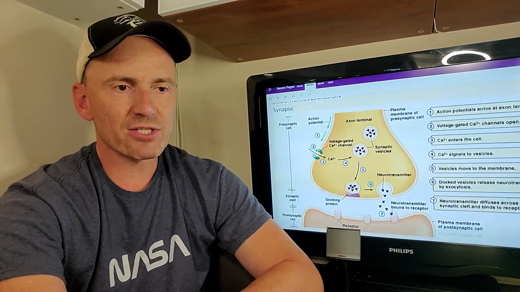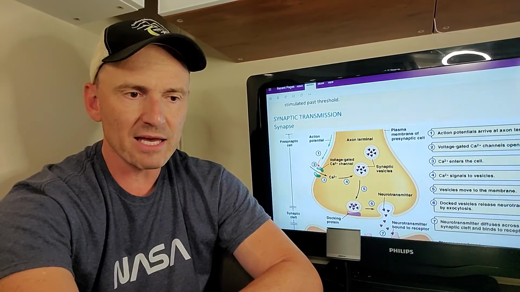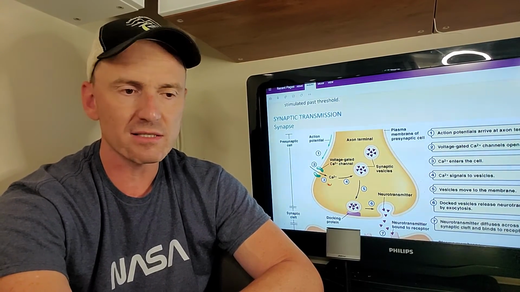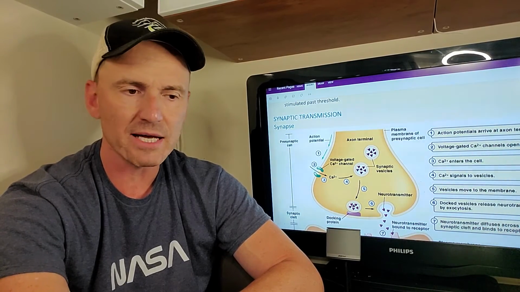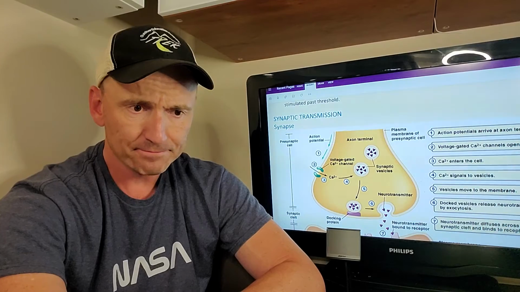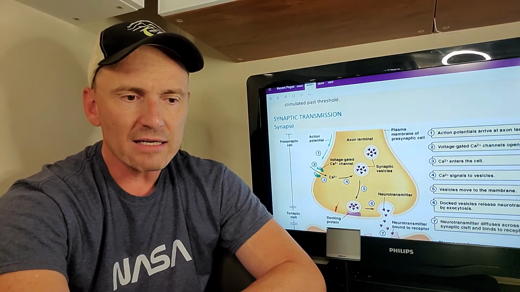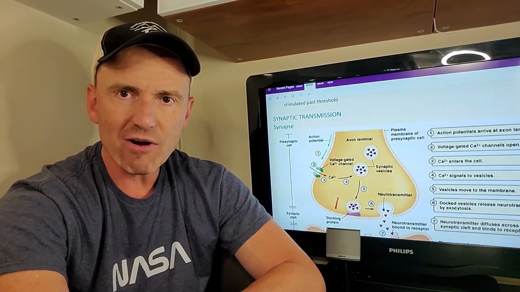Synaptic transmission: the action potential travels with the sodium and the potassium, but then it hits these integral proteins. These integral proteins don't care about sodium or potassium. Instead, they take calcium from outside and pump the calcium in. There are vesicles with neurotransmitter close to the presynaptic membrane, and they are connected by contractile proteins.